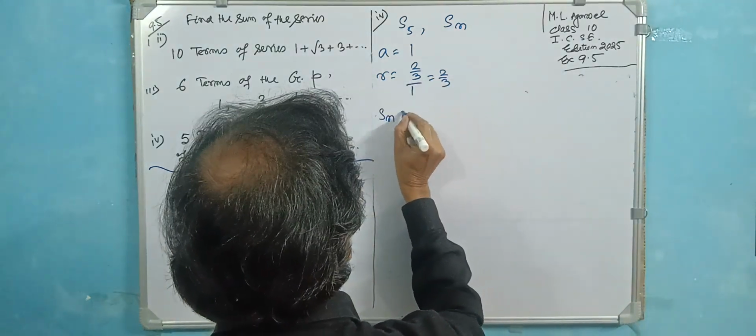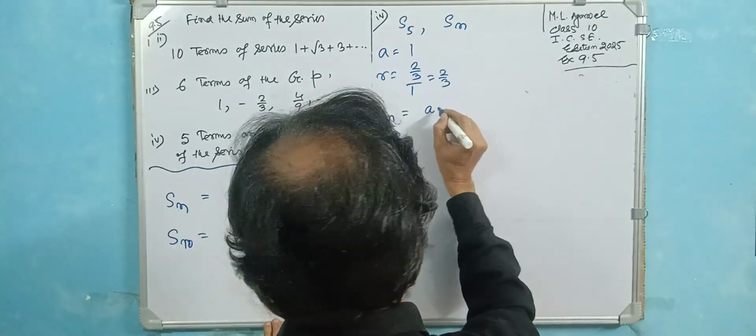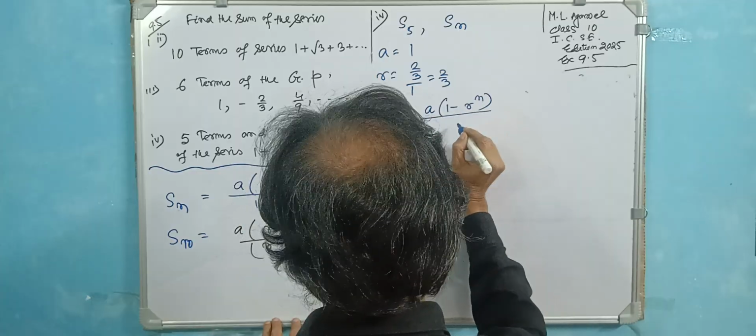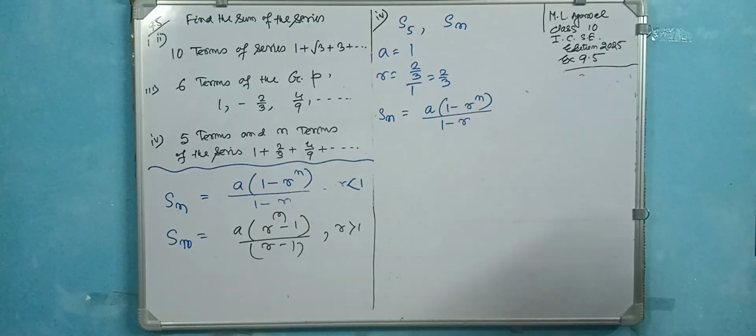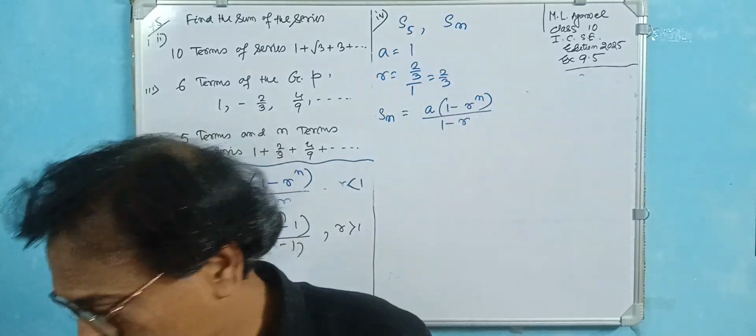S8 greater than 1, use this formula, less than 1, this is the formula: A bracket 1 minus R to the power n by 1 minus R. Okay, no problem.